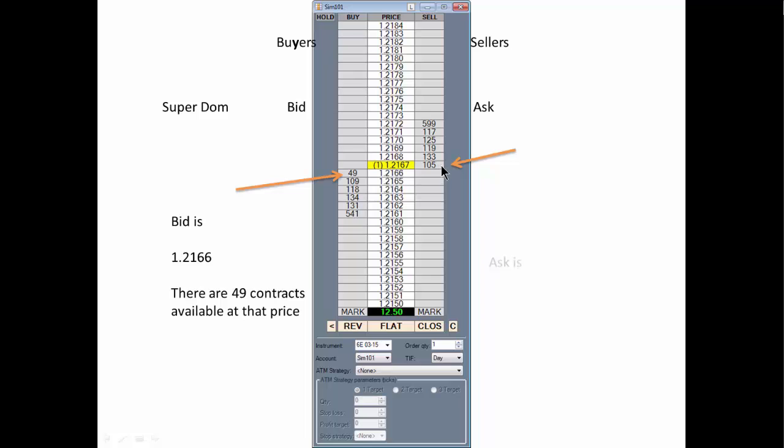Now on the opposite side, what is the ask? Well, the ask is 1.2167, and we know that there are 105 contracts at that price. That is how you can determine what the bid and the ask are and how much is available at each of those prices.